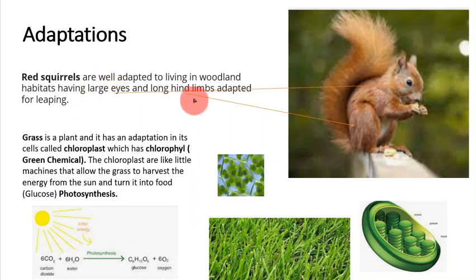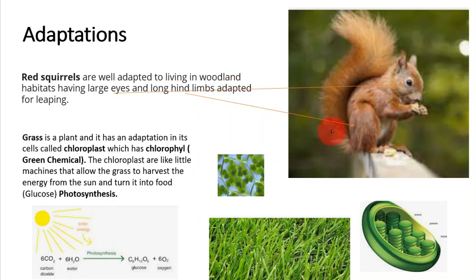Also, they have really big hind limbs, which are very muscular, and they enable the squirrel to hop from tree to tree to tree. The vision they have because of these large eyes enables them to move fairly quickly between trees.